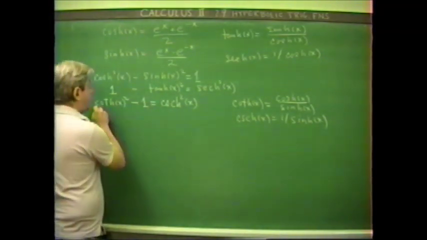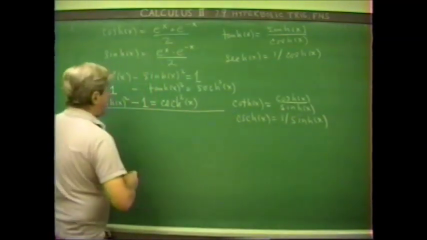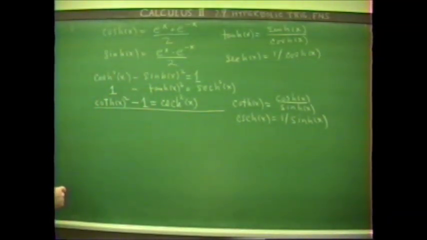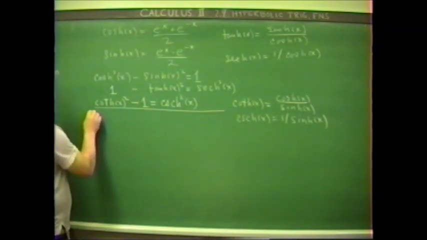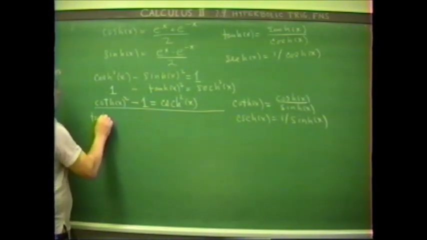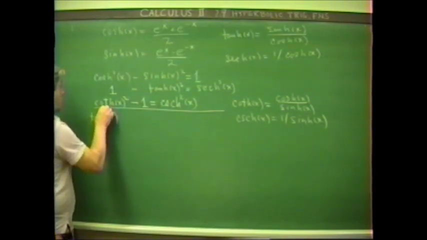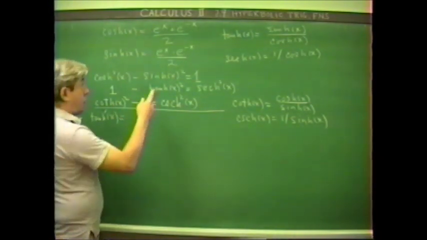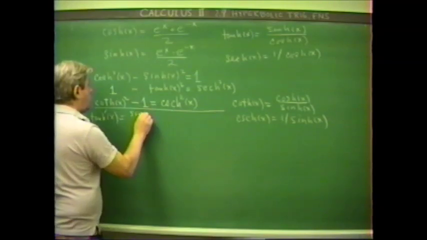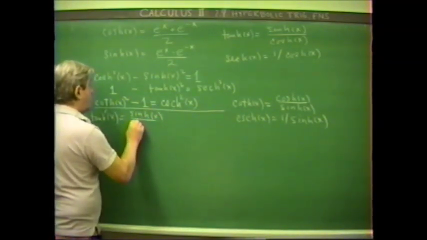Now, the derivatives of these functions are somewhat interesting. They're pretty much along the lines that you might expect. The derivative of the hyperbolic tangent: this is hyperbolic sine over hyperbolic cosine.